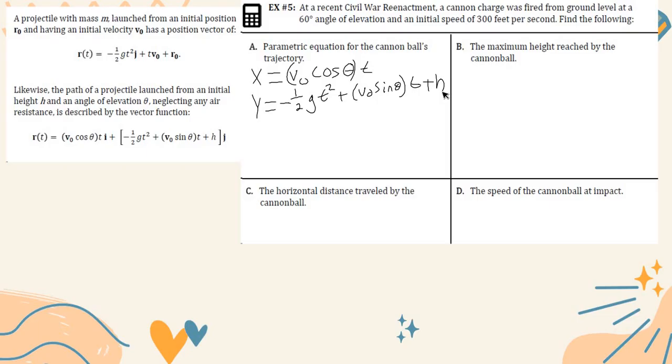So x is gonna equal, what's our v naught? Our initial velocity, 300. What's our angle? Luckily for you, this is a calculator active question, so you don't have to remember what cosine of 60 is. What is cosine of 60?